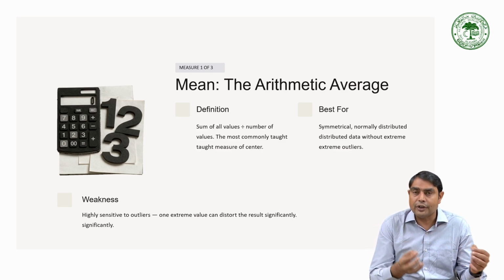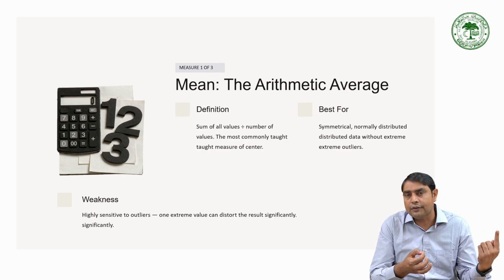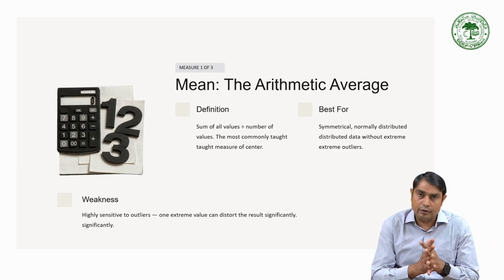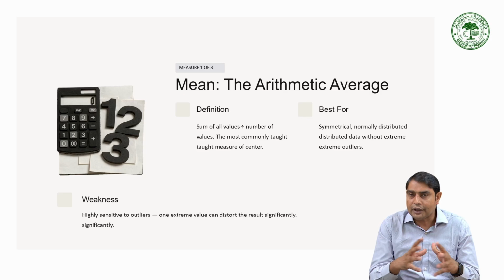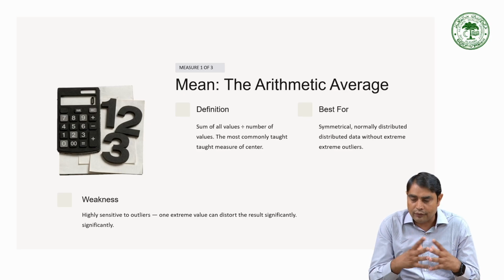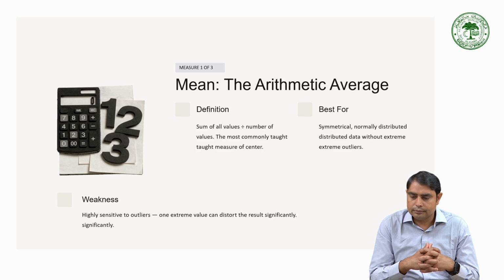So mean is one representative which distributes the values equally across all the observations. But it is not suitable when outliers are there, when your data is categorical, or when you have non-symmetrical data.